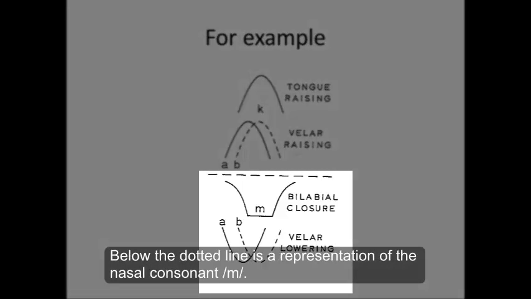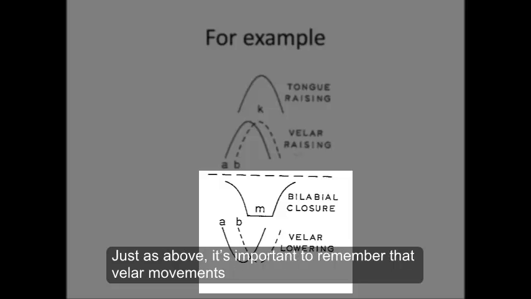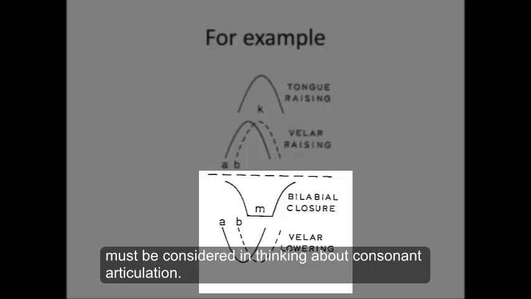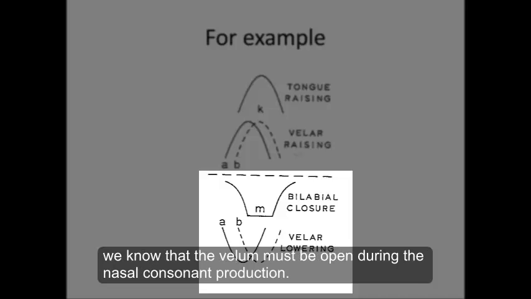Below the dotted line is a representation of the nasal consonant m. Just as above, it's important to remember that velar movements must be considered in thinking about consonant articulation. And in this case, since the consonant is a nasal consonant, we know that the velum must be open during the nasal consonant production.